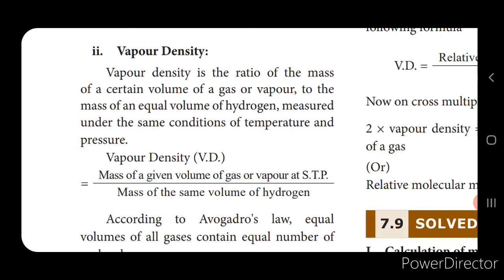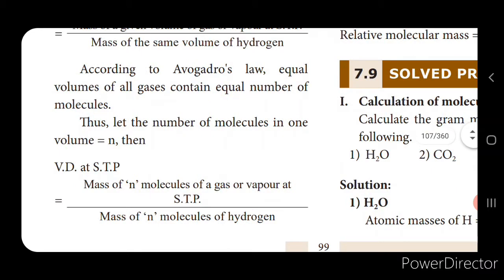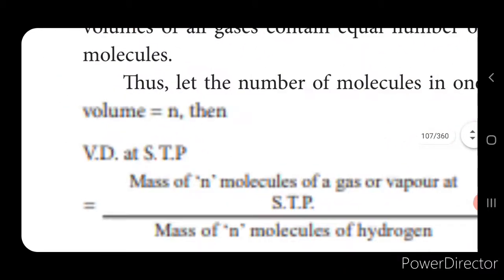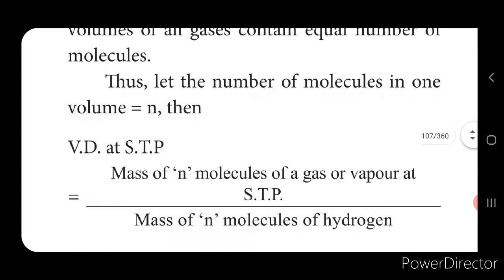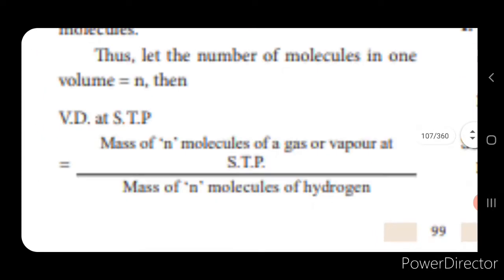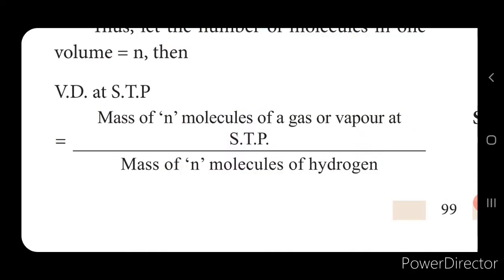Now we know that according to Avogadro's hypothesis, volume is proportional to N. Remember this. So I can substitute N molecules instead of volume, because equal volumes of all the gases will contain the same number of molecules.